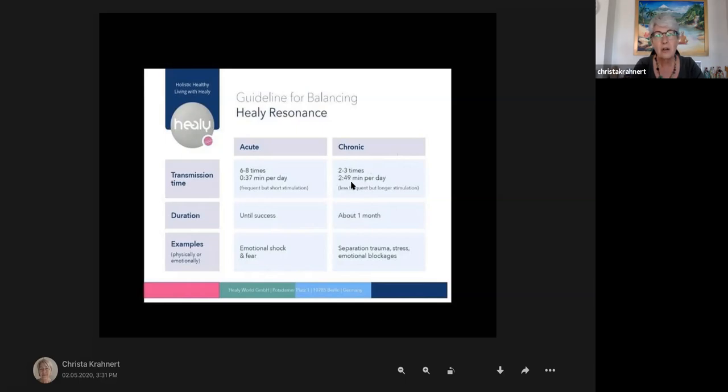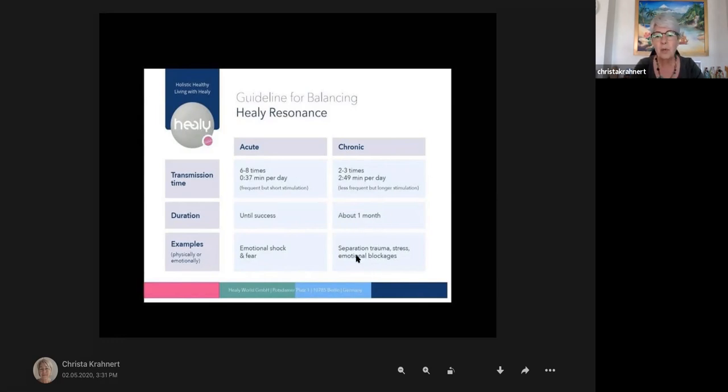So a longer time just keeps the information active for a longer time, so that the person can go through. Okay, and then look, probably a month, sometimes perhaps even more.